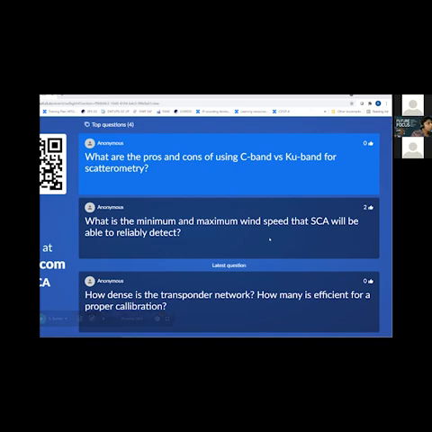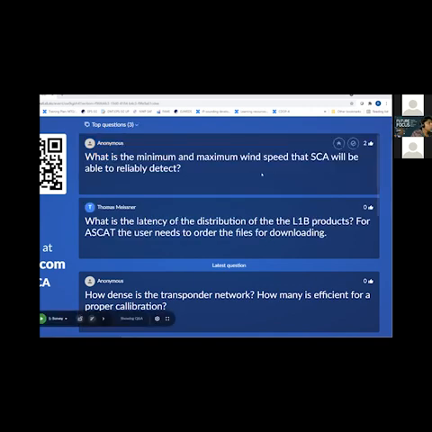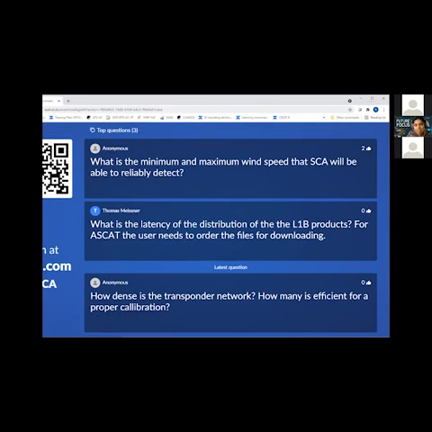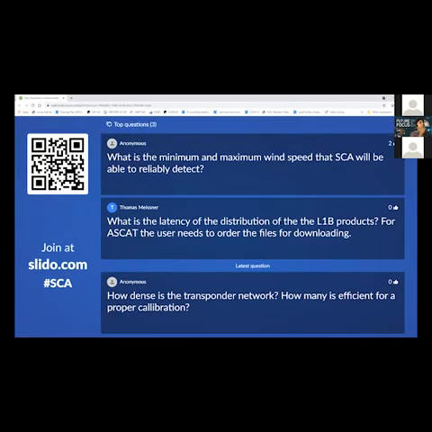Okay, we move to the next one. What is the minimum and maximum wind speed that SCA will be able to reliably detect?